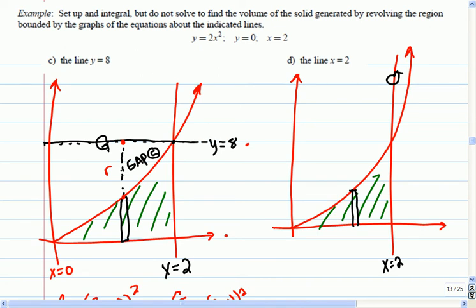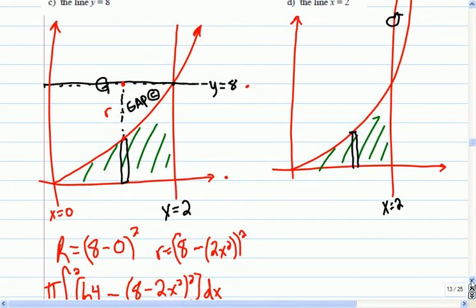It's parallel. So to set up this integral, I need to know what's the radius function. So if I'm out here at x, the radius is going to be 2 minus x. And the height, which is how tall it is, is going to be the parabola 2x squared.